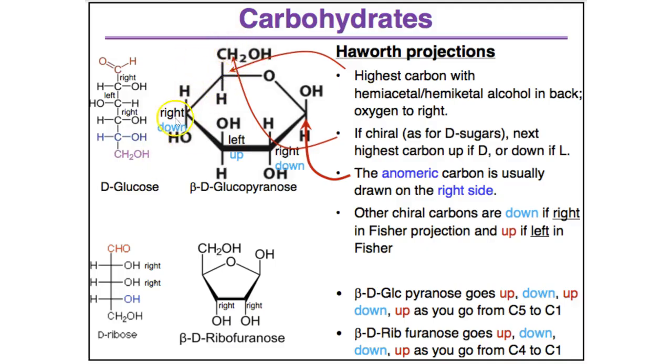As you go down, this carbon right here is associated to this carbon, and when you see the hydroxyl group is to the right, in the Haworth projection the hydroxyl group is pointing down. So right is down, left is up.